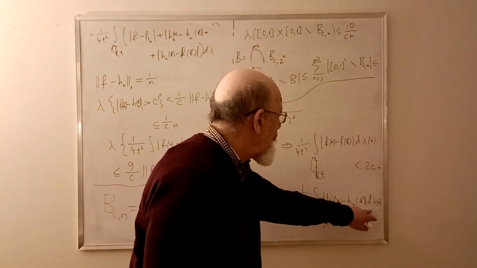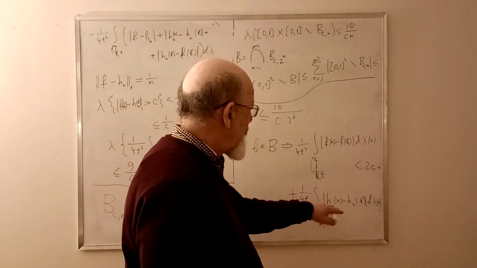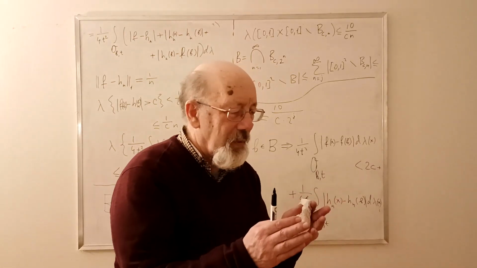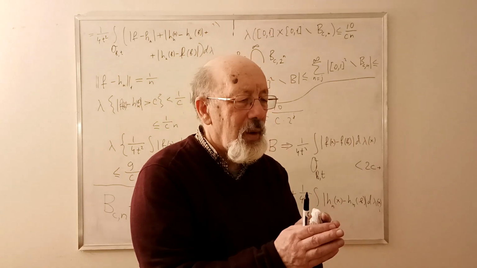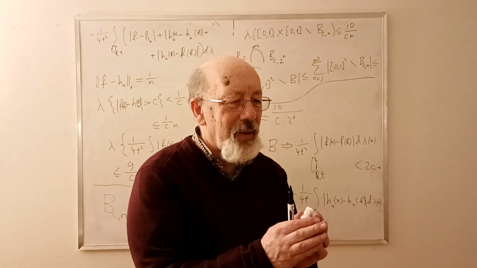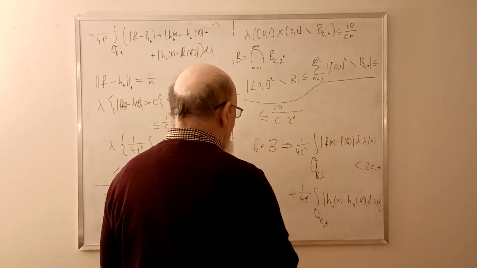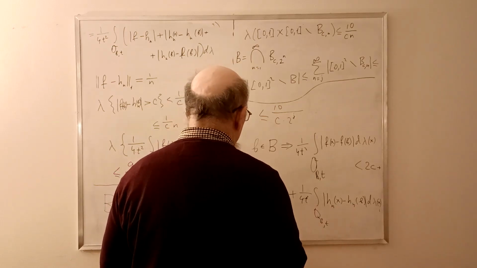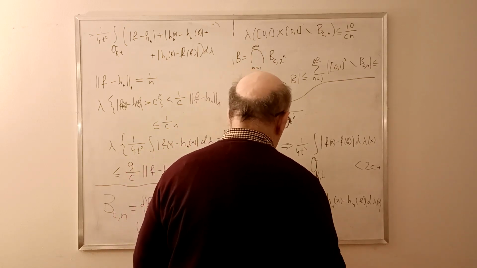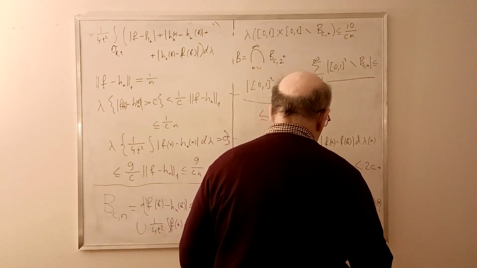So this integral for a continuous function goes to 0, because the mean value of a continuous function over a small square goes to the value of the function at the center when the size of the square goes to 0. So it can be made less than 3C if t is small enough.